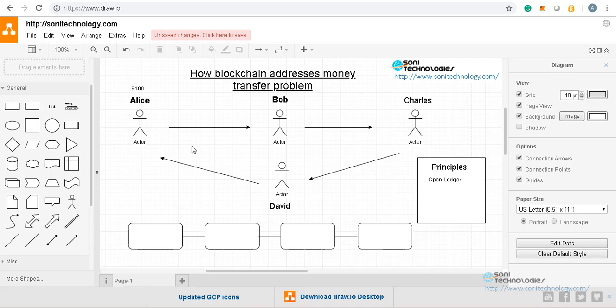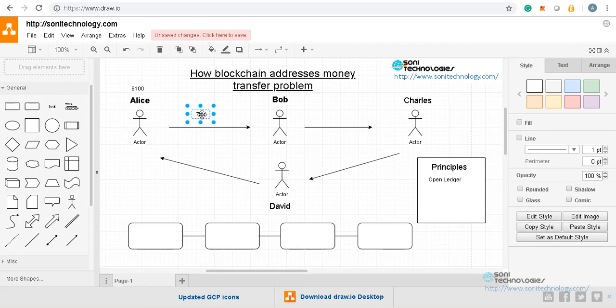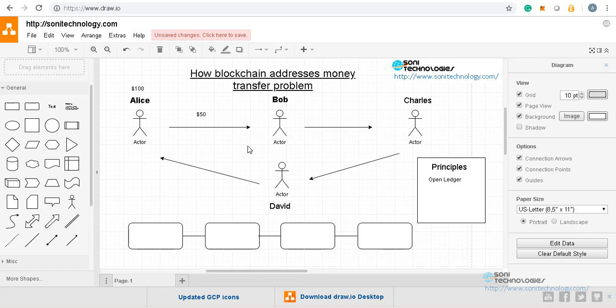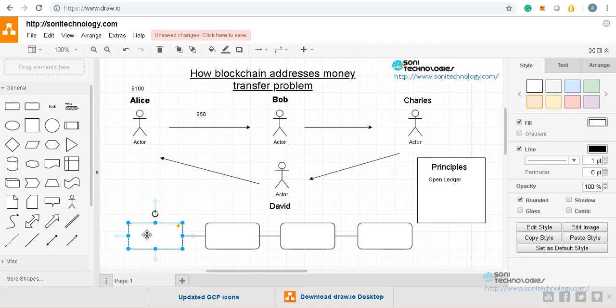Now Alice is transferring some amount to Bob. Let's say Alice has transferred $50. So this transfer will be recorded in the open ledger. So this is the open ledger here.